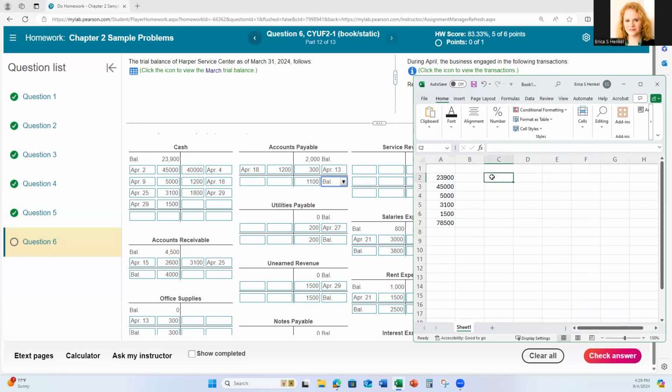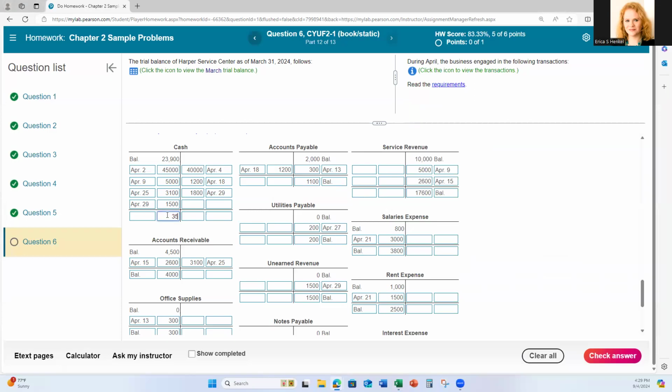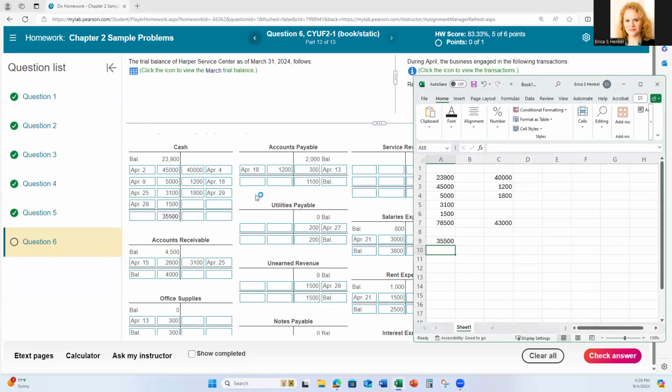And then for credits, we've got a copy and paste that over. So we've got total debits of 78,500 minus our credits of 43,000. That means we have a net balance here of 35,500. Let me check my math on that.